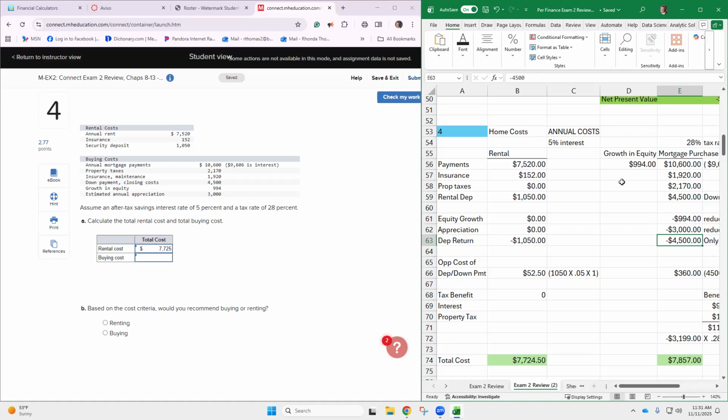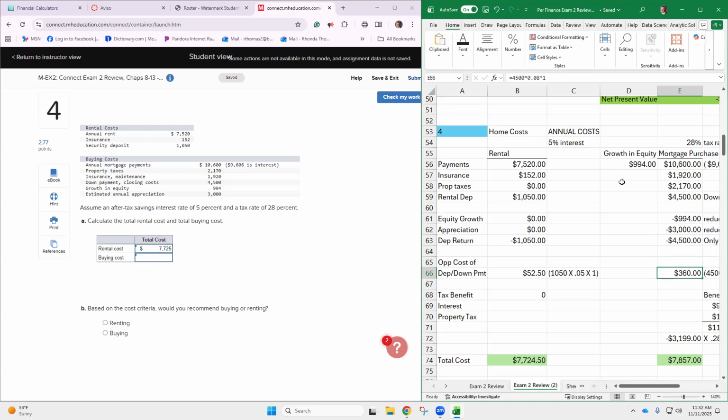And then I'm showing the down payment coming back, just like the deposit came back for the renter, because if we ever turn around and sell this piece of property, we'll get that back. We're doing that once again to take the deposit and the down payment out of the annual cost, because it only happens the first year. The first year is not your typical year.